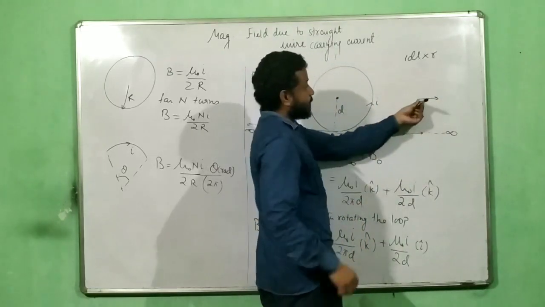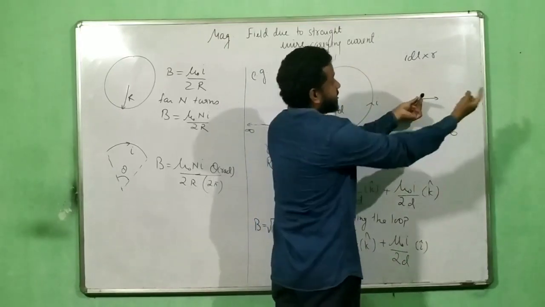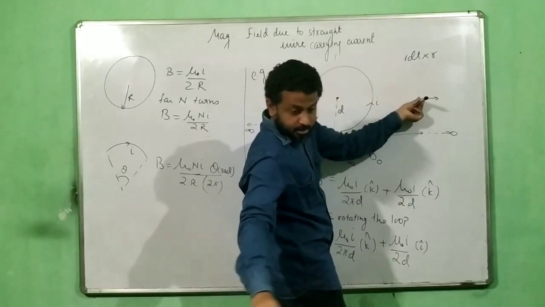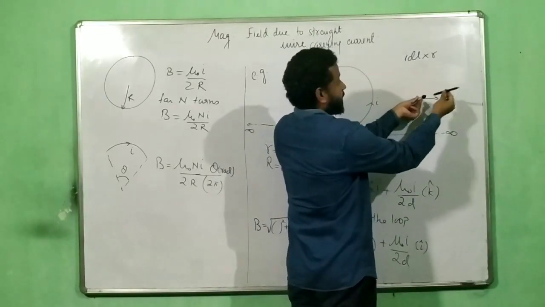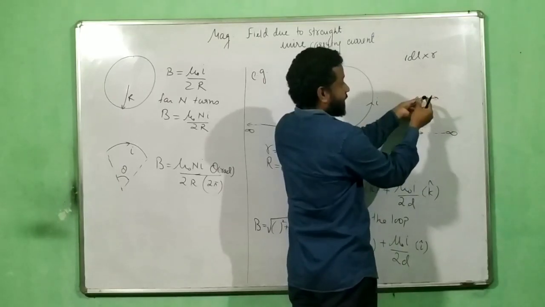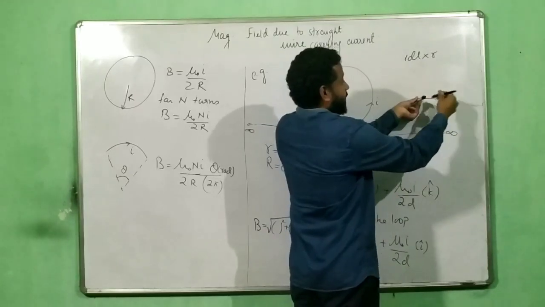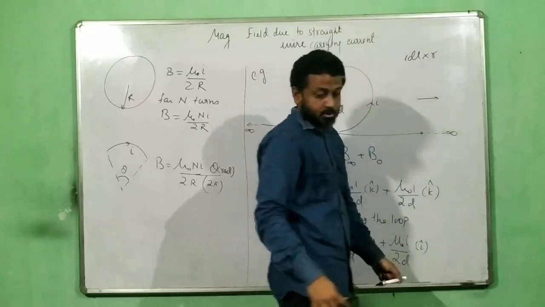Because of the wire, the field will be along this direction. Because of the loop which I have rotated, it will be in this direction. So the resultant will be somewhere along this direction. This is the circular loop after rotating, this is the infinite straight wire, and this is the resultant somewhere here. To find the angle, you can find perpendicular by base.